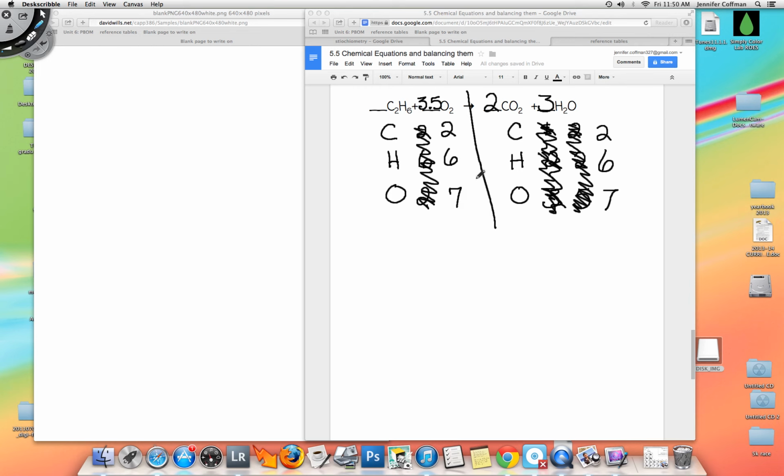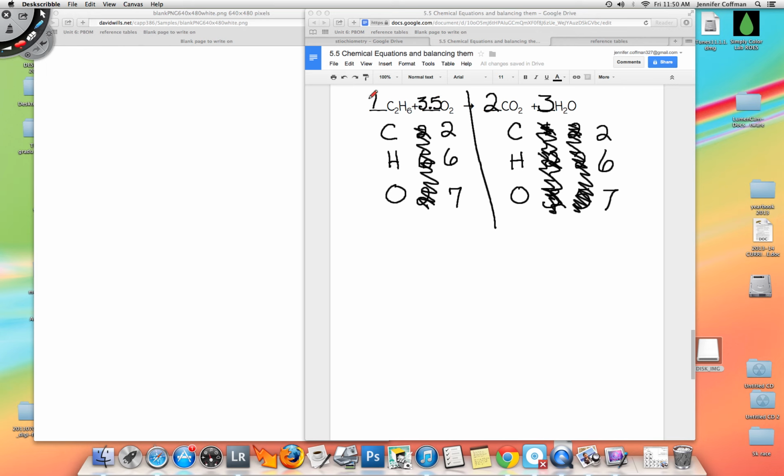Okay, that wasn't so bad. Except we ran into a little bit of a problem here, because you have coefficients that are not whole numbers, and that's not allowed. So what we have to do is we have to make these coefficients whole numbers, especially this one, right? So to get rid of this half, I'm going to multiply everything by 2. And that's the trick.